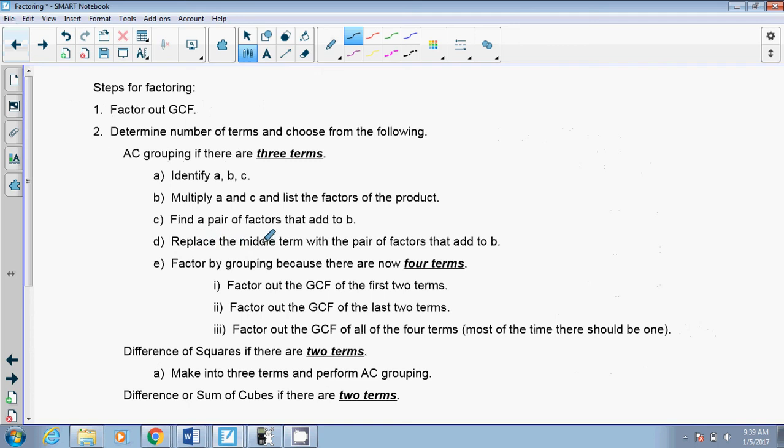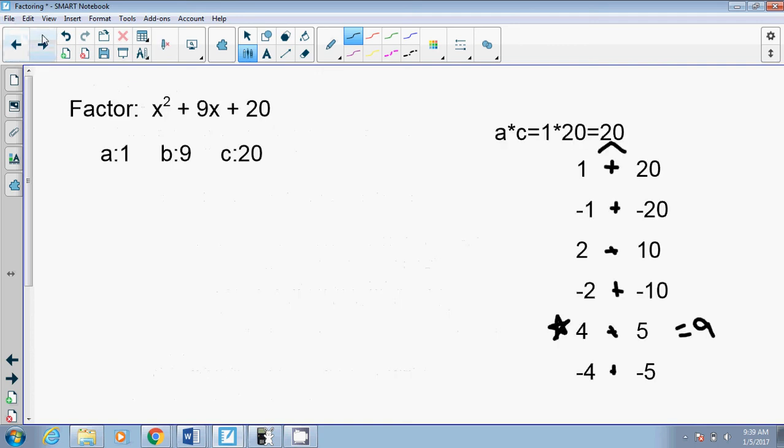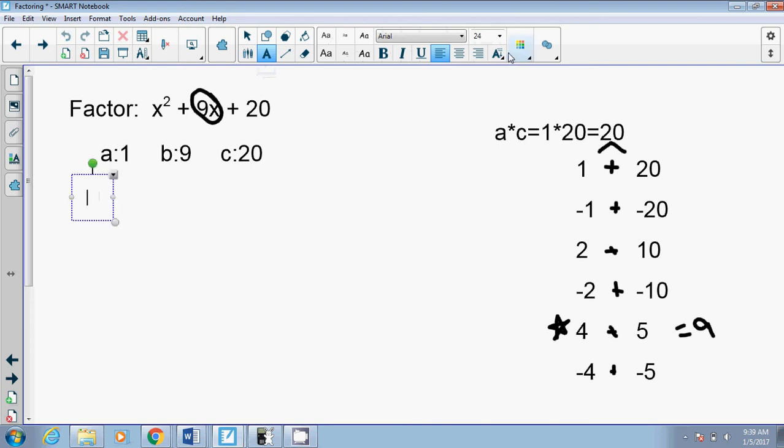Now I need to replace the middle term with the pair of factors that add to B. So my middle term in my trinomial is the 9x. So I'm replacing that. So that means I'm rewriting that 9x now. The first term, the x squared, won't change. And the last term at the end there, the plus 20, won't change.